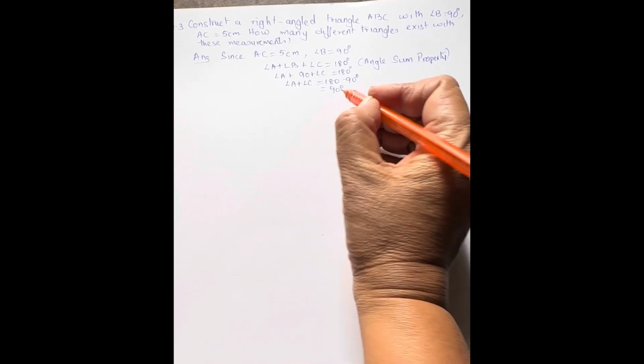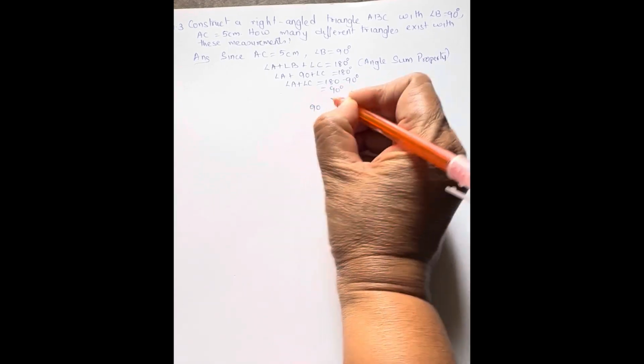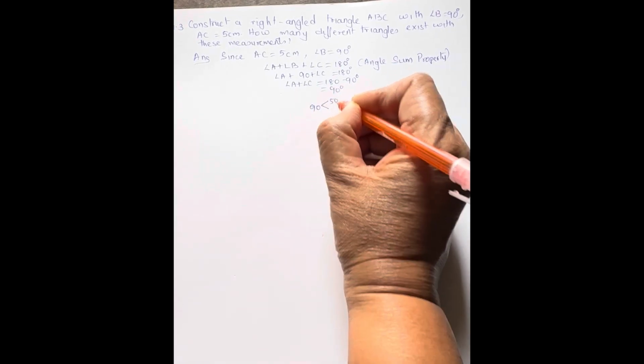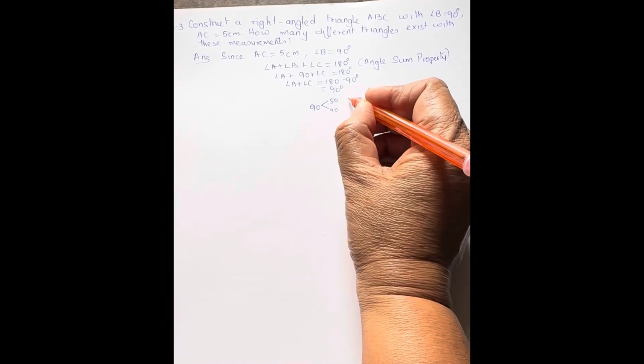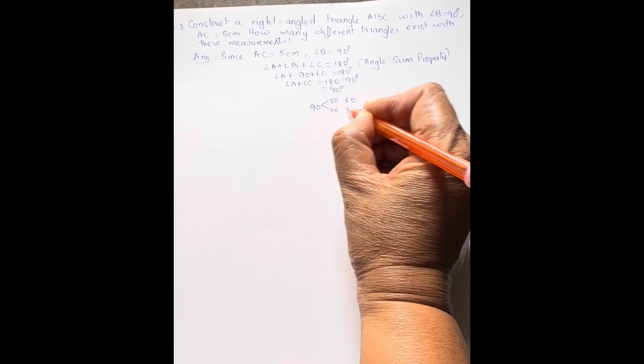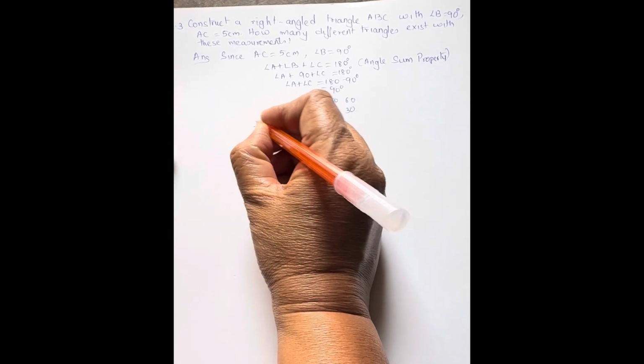So there are different combinations possible for 90 degree. Like you can take 50, 40, then you can take 60, 30, like that. There are many possibilities for the other two angles. So they have asked how many different triangles exist with these measures. So infinitely many triangles are possible.